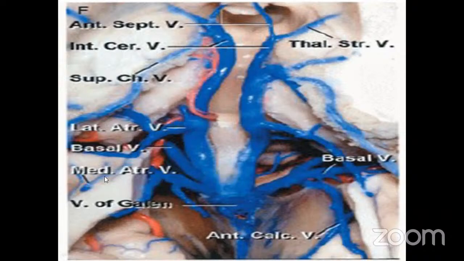There is also the medial atrial vein. The basal vein and internal cerebral vein join to form the vein of Galen. We can also see that part of the calcarine sulcus has been removed, and we can see the anterior calcarine vein.